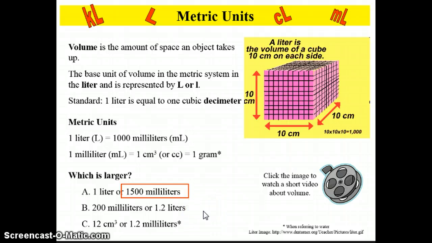Letter B, 200 milliliters or 1.2 liters. It was 1.2 liters because once again, 1 liter is equal to 1,000 milliliters. And number 3, 12 cubic centimeters or 1.2 milliliters.